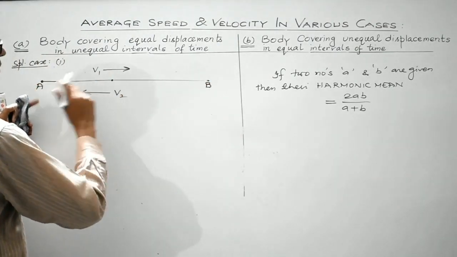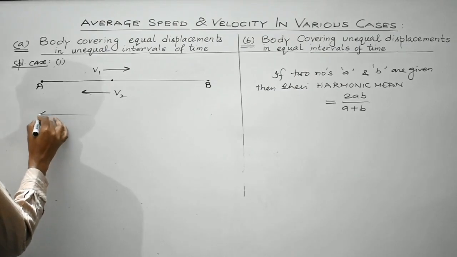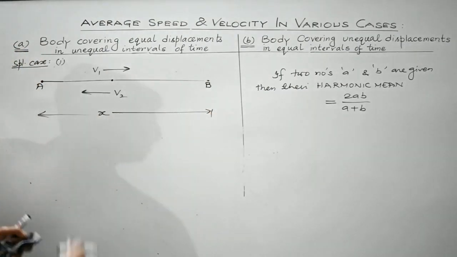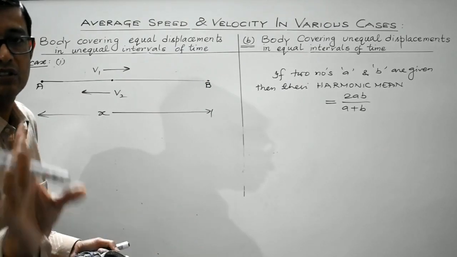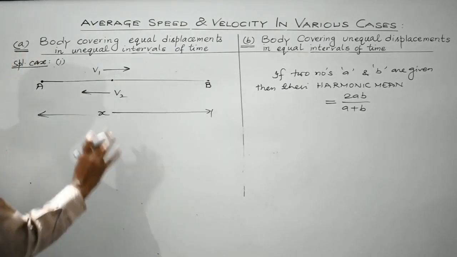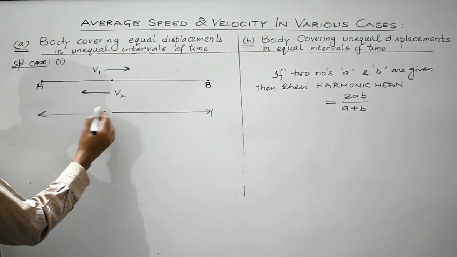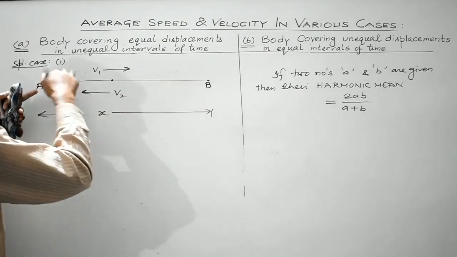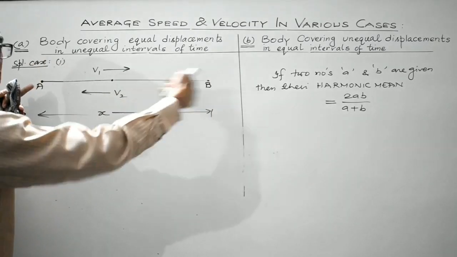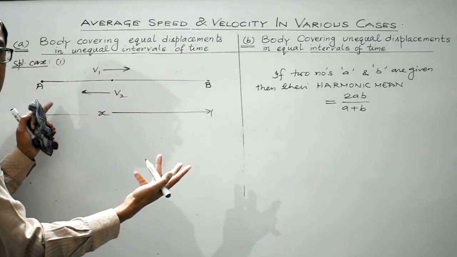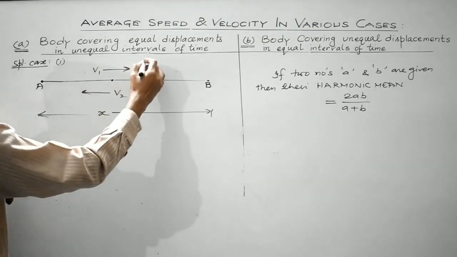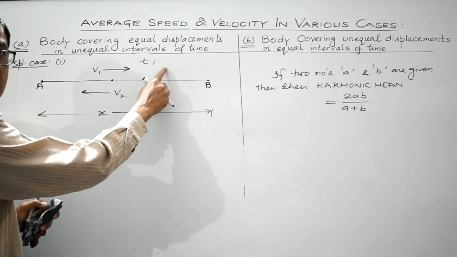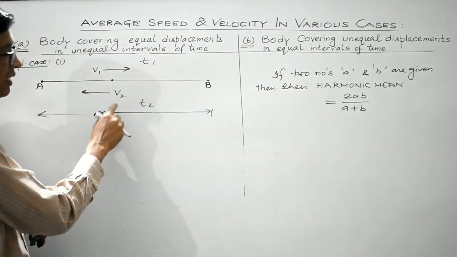Suppose the distance from A to B is x. So it is covering equal distances, A to B distance x, B to A again distance x, with different speeds, so obviously it will take different times. Suppose it goes from A to B taking time t1, and comes back from B to A taking time t2.